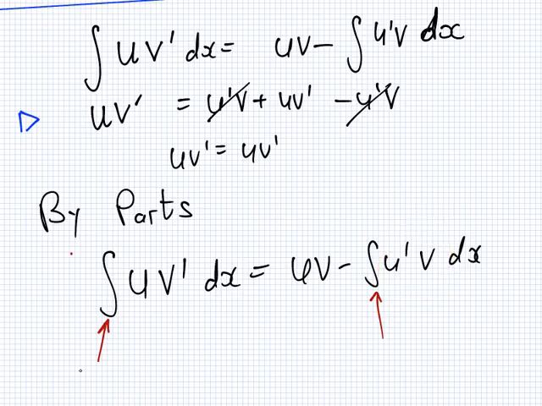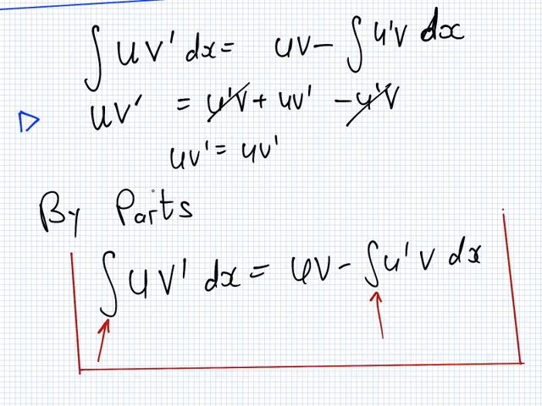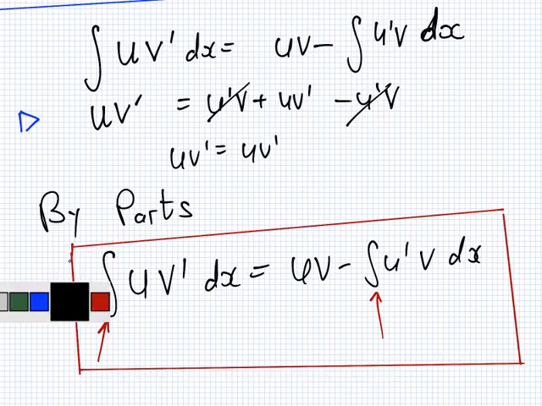This is the formula here. Maybe you want to write this down, and then we'll look at some examples of how to use the formula. Okay, here's our first example.